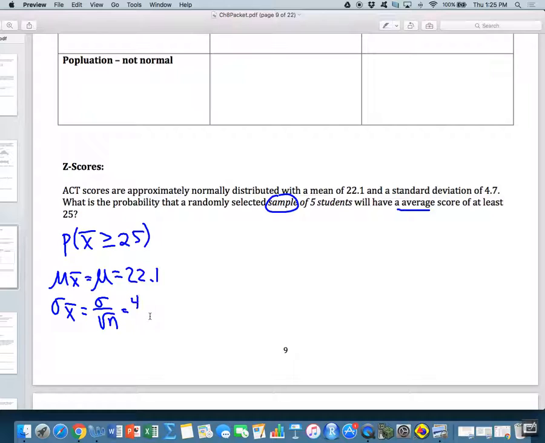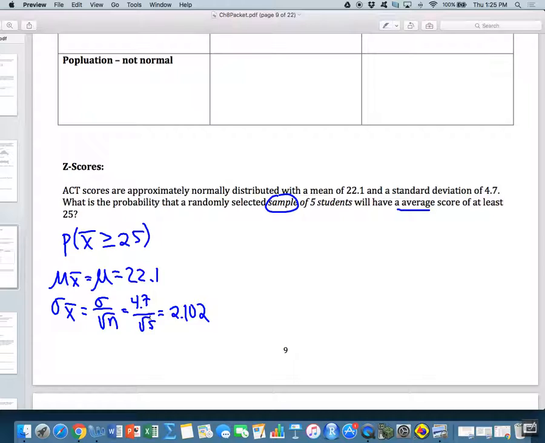So that's 4.7 divided by the square root of 5. You might want to get out a calculator. So that's about 2.102. Somebody confirm that?